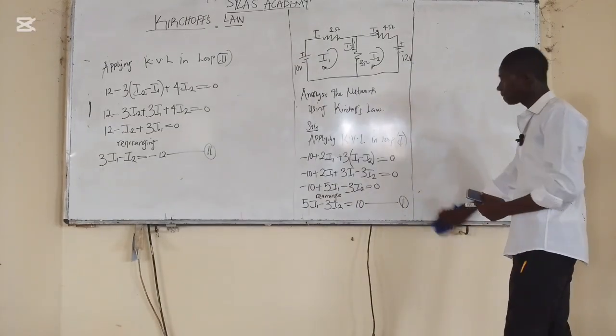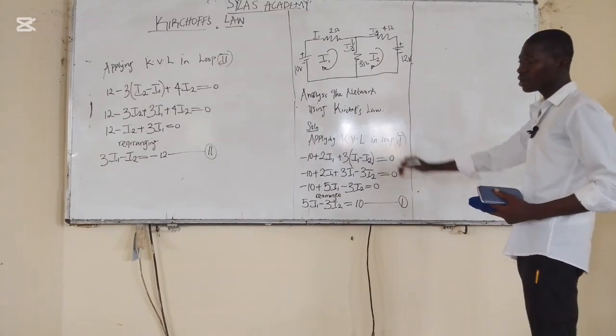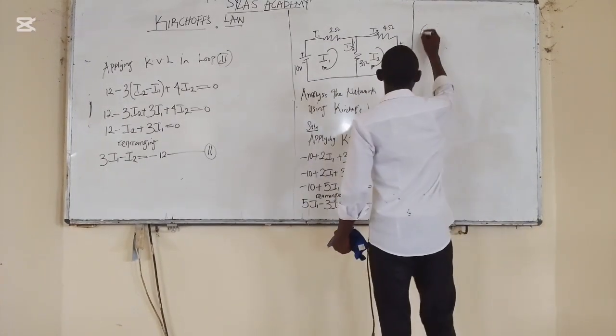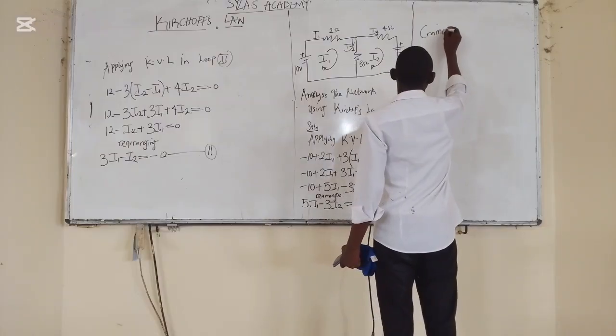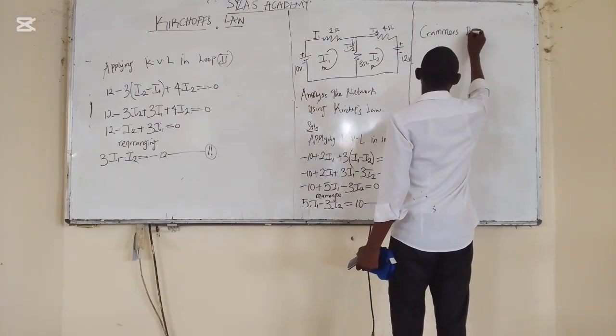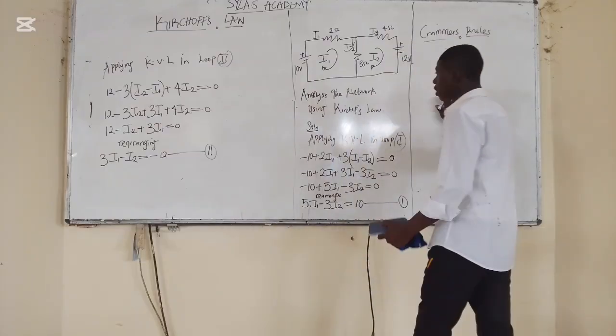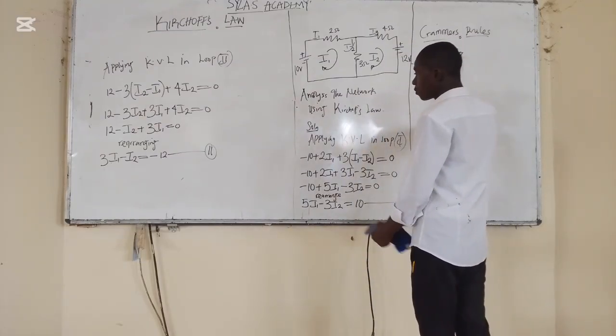How can we solve to get the current in mesh 1 and mesh 2? We are going to use Cramer's rule. Now, how are we going to apply Cramer's rule on this type of equation?